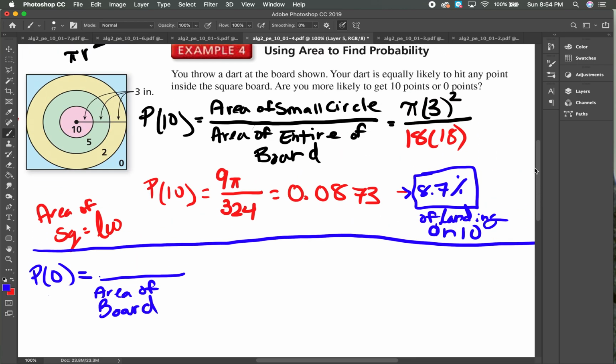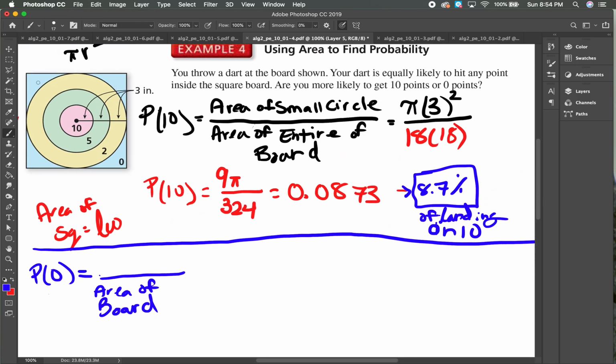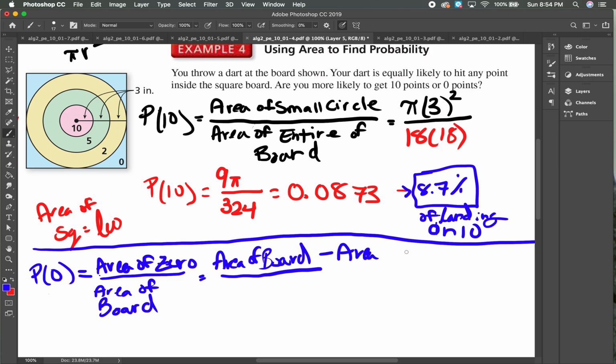But on top, as I was saying up here, again, we're looking for just this blue area. So to find just the area of the 0, we're going to have to take the area of the entire board and subtract the area of the big circle.